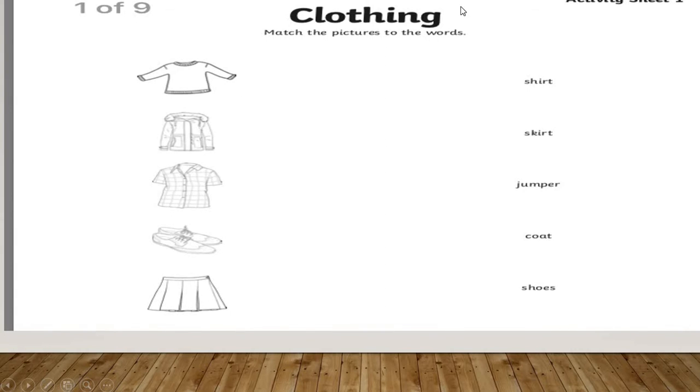But on the right hand side I have given you clear options so that you will be able to match the clothings. I'll read the options first. The first option is shirt, second is skirt, third is jumper, fourth is coat, whereas the fifth option is shoes.